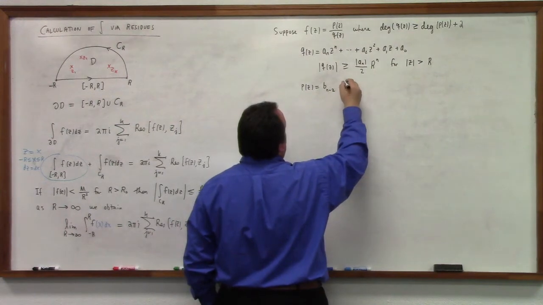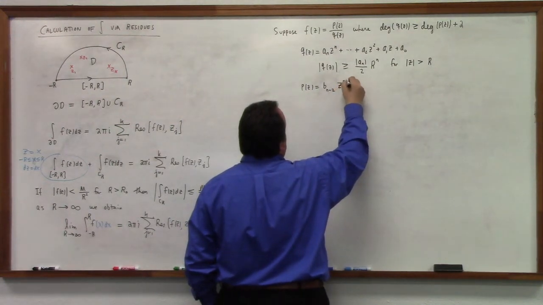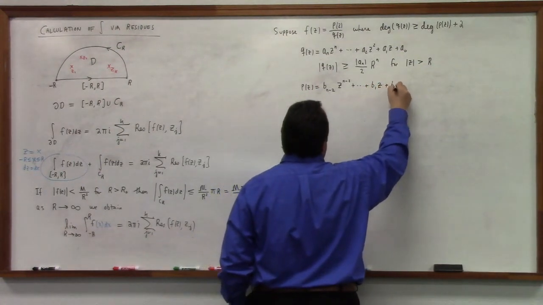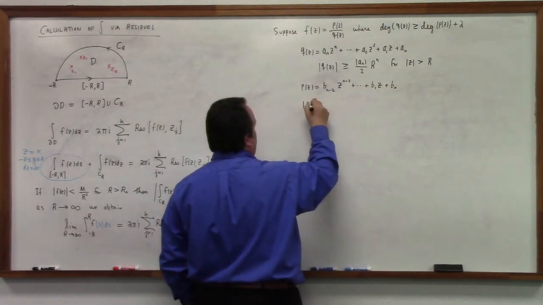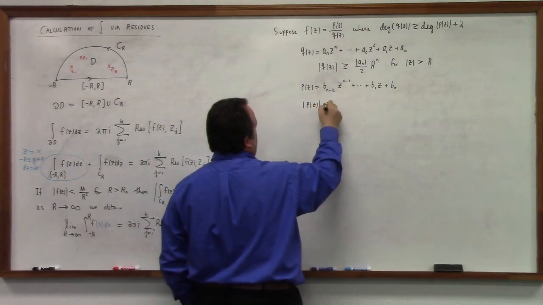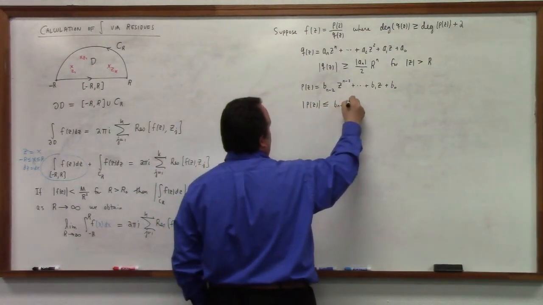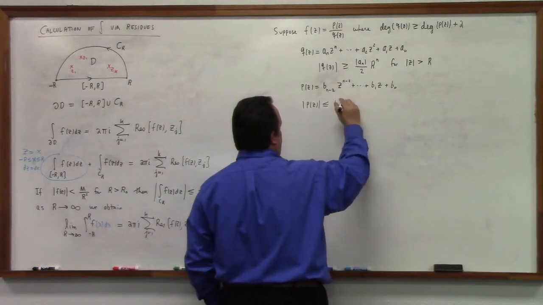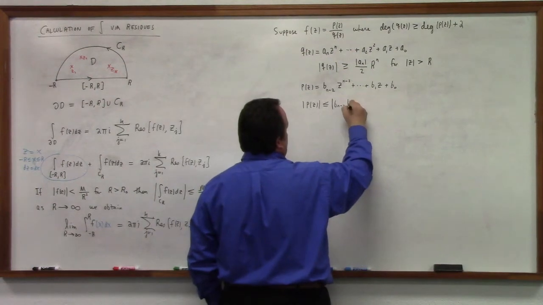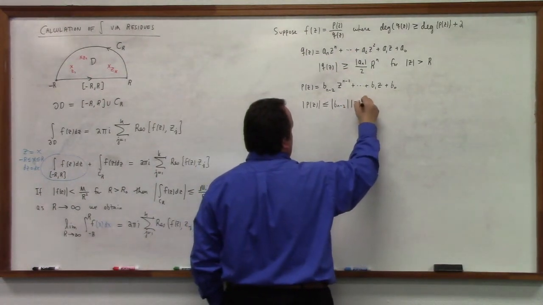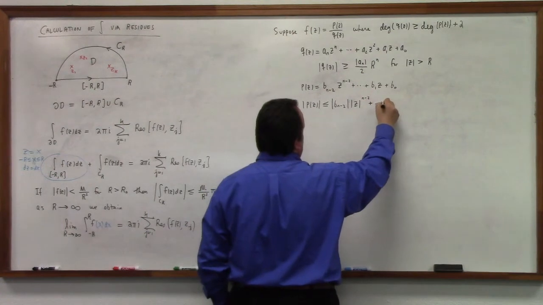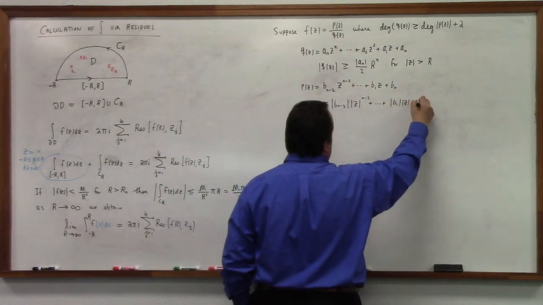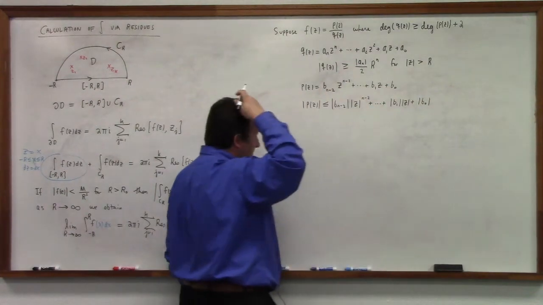Then the modulus of p of z is less than or equal to the modulus of b_(n-2) times the modulus of z to the n minus 2 plus and so on. This is by repeated application of the triangle inequality as well as the properties of the modulus.